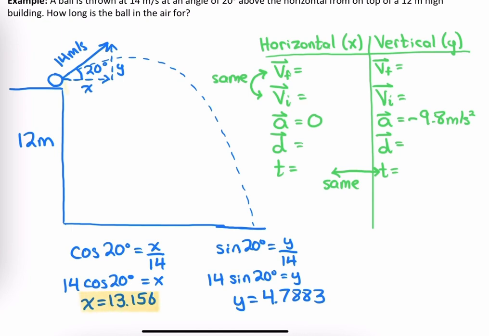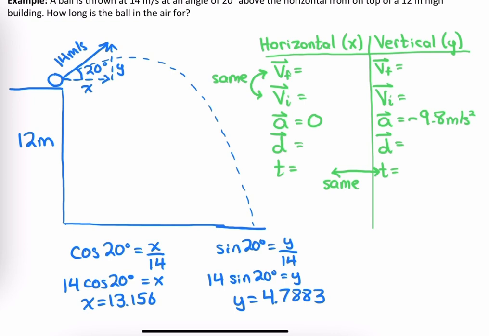So this is the length of this side here, the x component of my initial velocity. And this is the length of this component here, the y component of my initial velocity. So what that means is those numbers can go here for the x component of my initial velocity and here for the y component of my initial velocity. I'll put this in blue because remember the template we were following last lesson is that all this stuff in green is what's going to be the same for every single problem, and the stuff in blue is going to be specific to this problem.